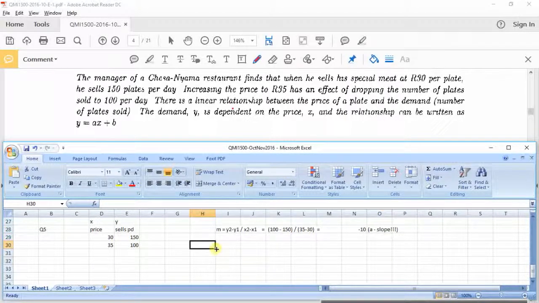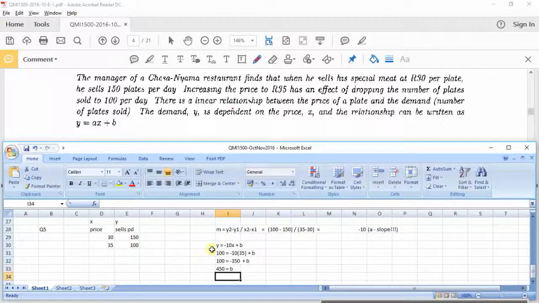Y equals minus 10x plus B. I'm going to put in one of those points, the 100: 100 equals negative 10 times 35, plus B. That equals negative 350 plus B, so 450 equals B.